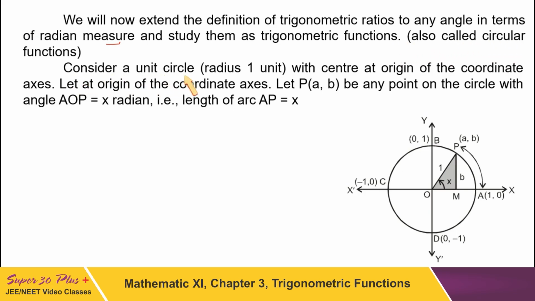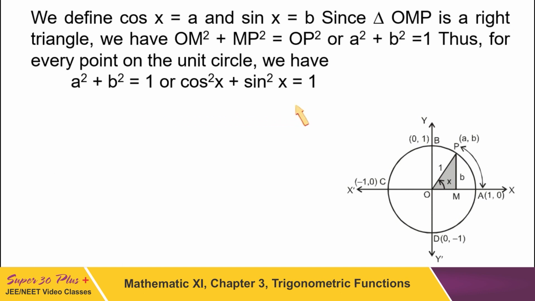Consider a unit circle with center at origin of the coordinate axis. Let P be any point on the circle with angle AOP equal to x radian. Length of arc AP is x. As we know, cos x is equal to base upon hypotenuse. What is the base?